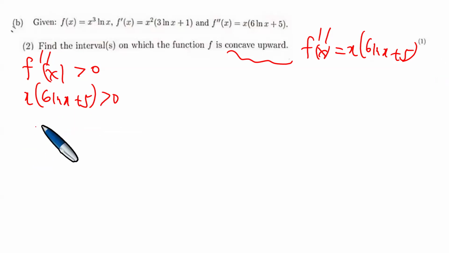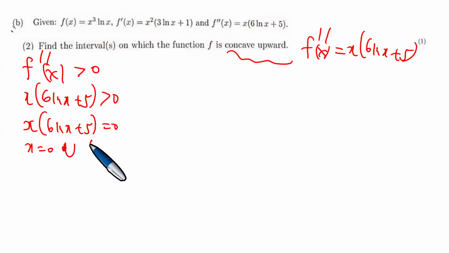Now whenever x(6 ln x plus 5) equals 0, it means that x is 0 or 6 ln x plus 5 equals 0, which means 6 ln x equals minus 5, so ln x is minus 5 out of 6.